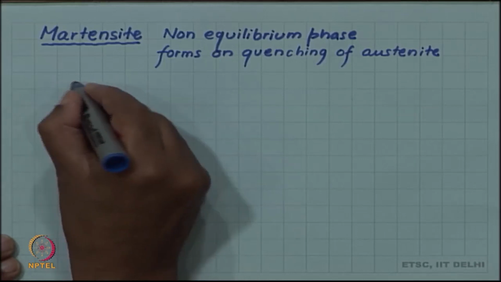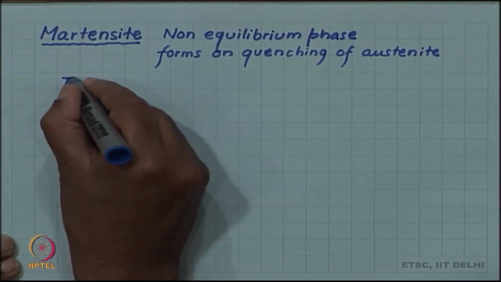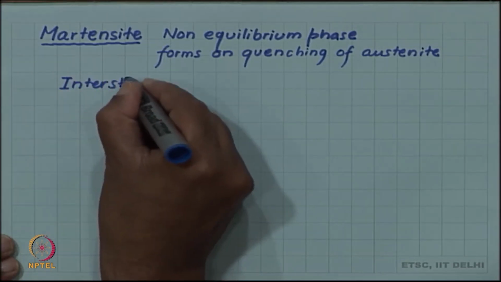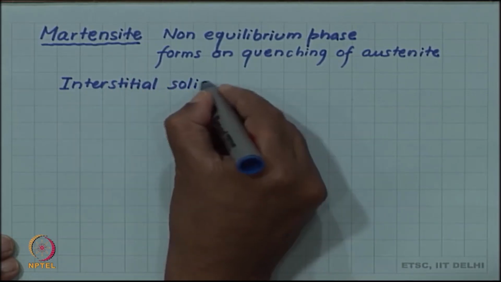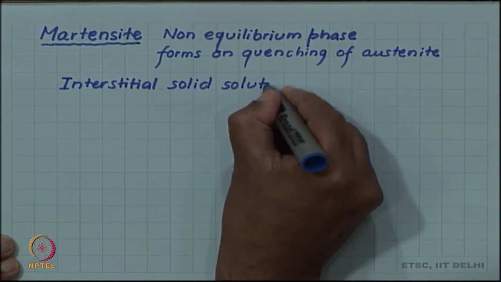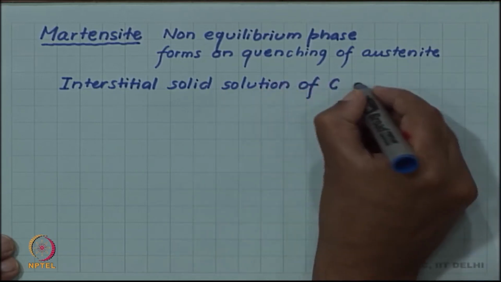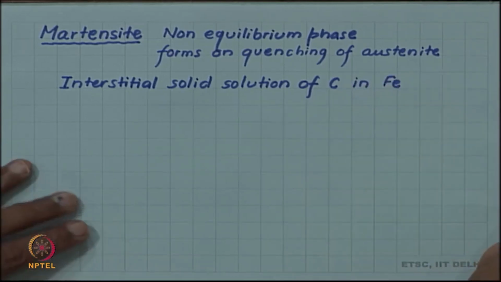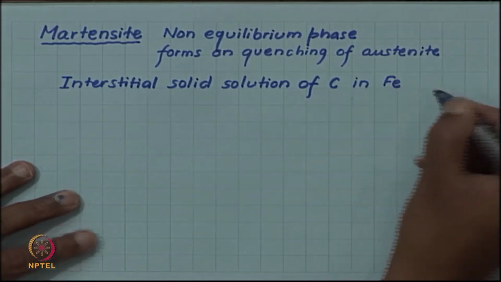We can define martensite as an interstitial solid solution of carbon in iron. So, this is the same as austenite or ferrite, only the crystal structure now is different.